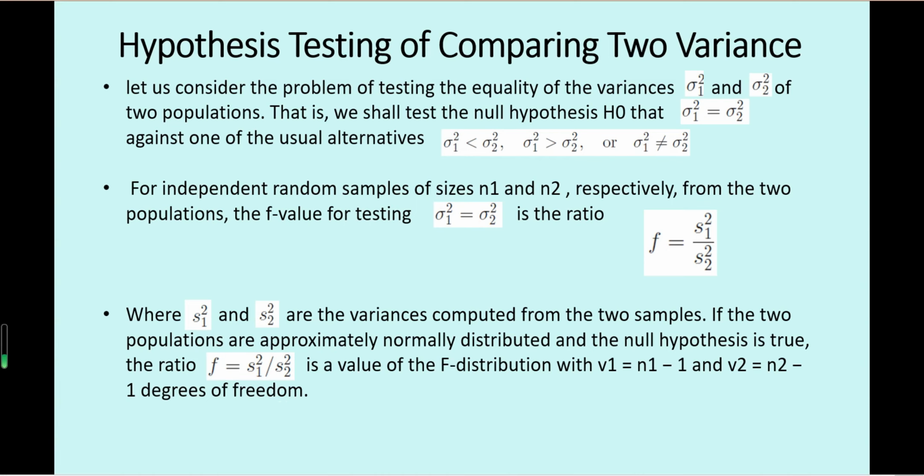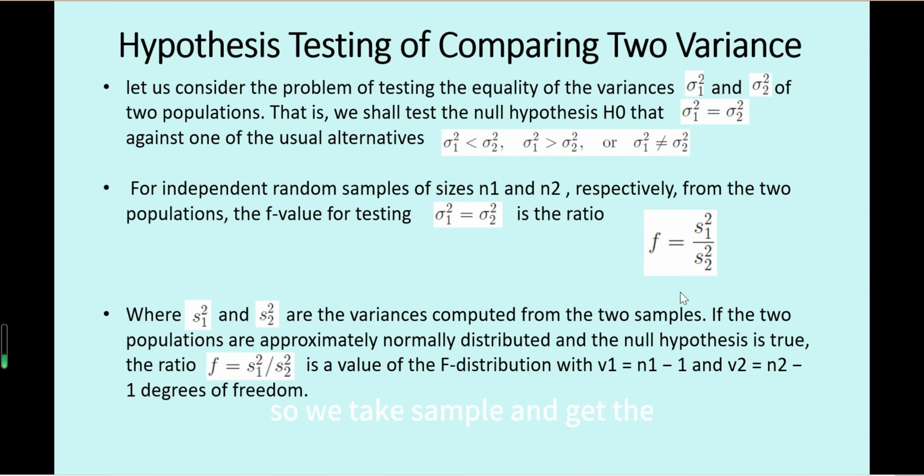It's very natural that we take random samples from these two independent populations with sizes n1 and n2. Then the F statistic equals S1 square divided by S2 square. Here S1 square and S2 square are the sample variances.